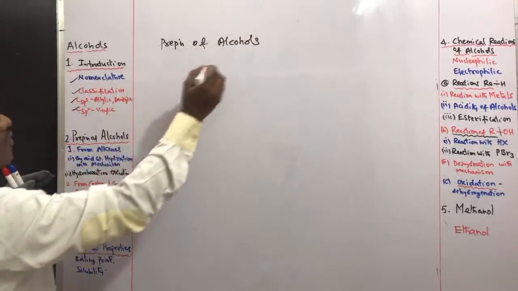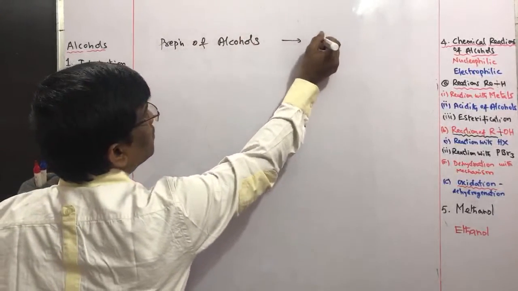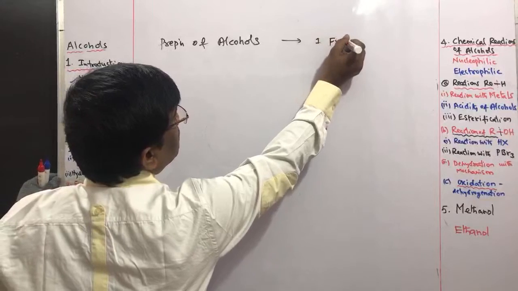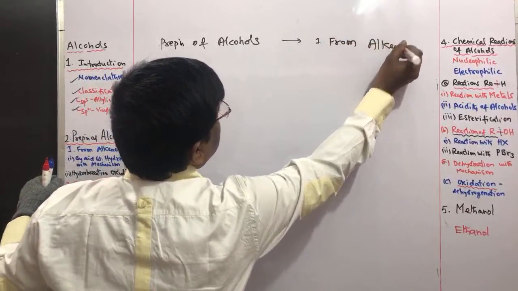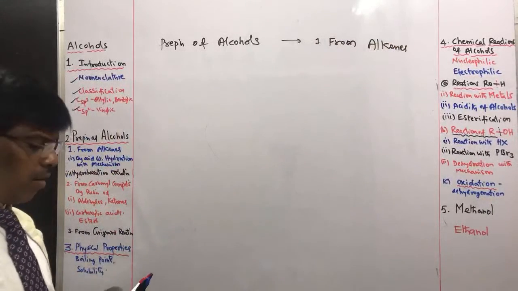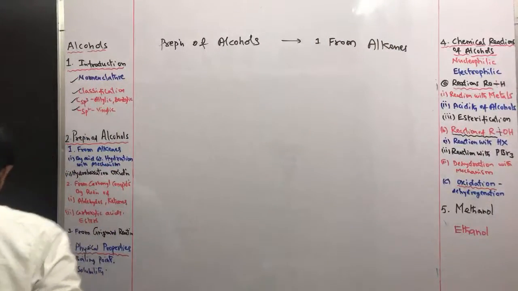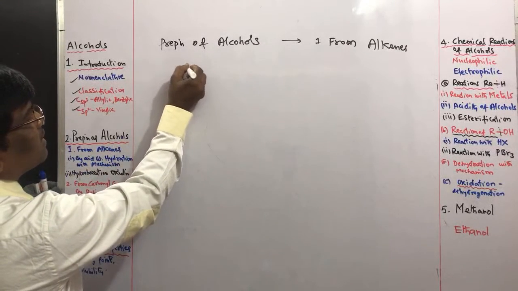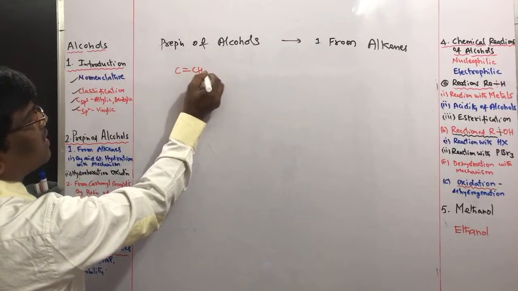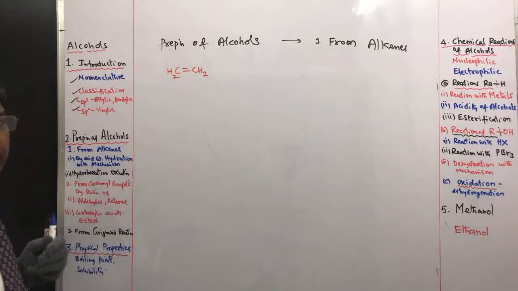So the usual method is from alkenes. Alkenes are the compounds having a double bond. For example, let us take ethylene.